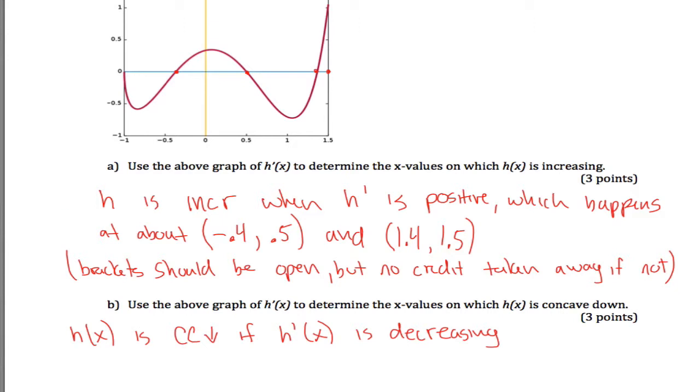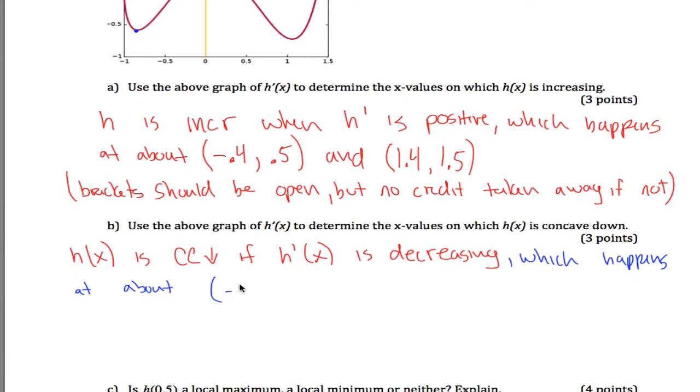Looks like I should probably switch colors, which happens at about, let's see, where's this decreasing? Well, it starts out decreasing until we get to here. So from -1 to this point, I don't know, -0.8. -1 to -0.8.